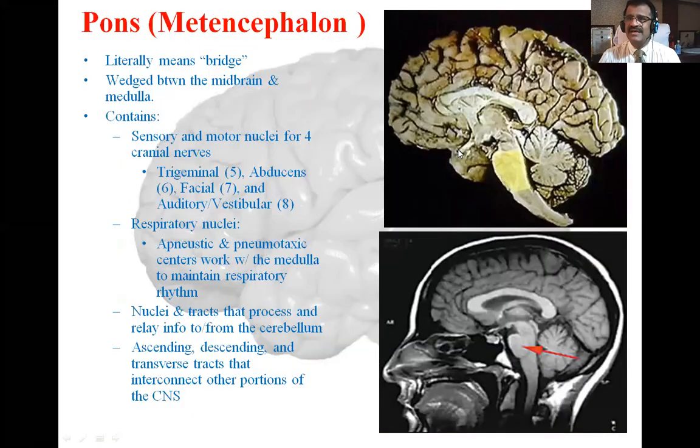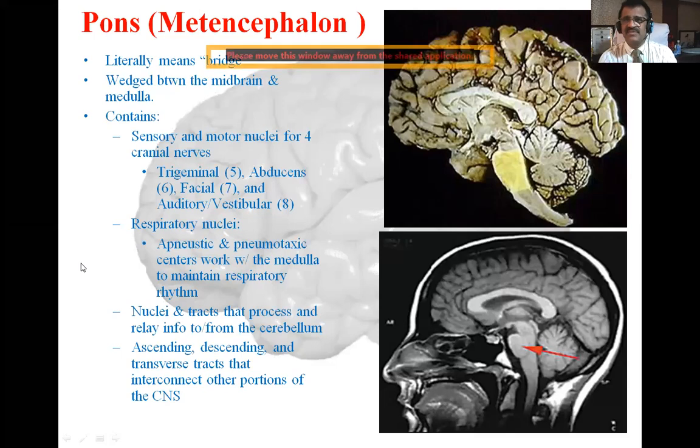The word meaning of pons is bridge, like a bridge on the roads which you see. Similarly, it looks like a bridge between the midbrain and the medulla oblongata, plus some cerebellar peduncles going from there. So it is called a bridge.